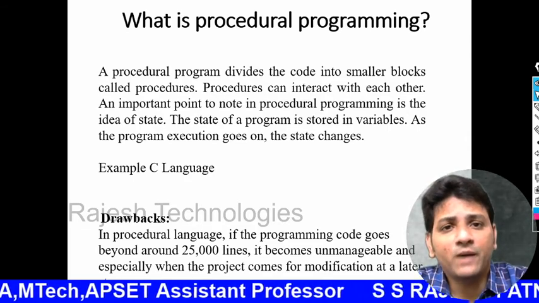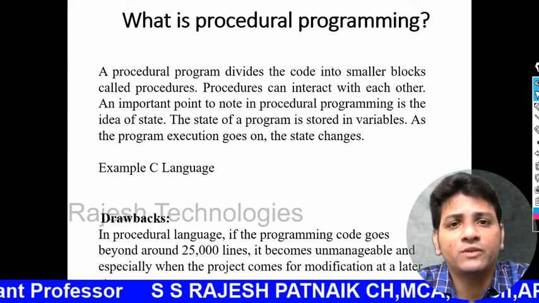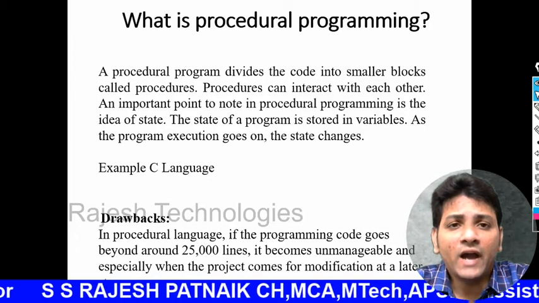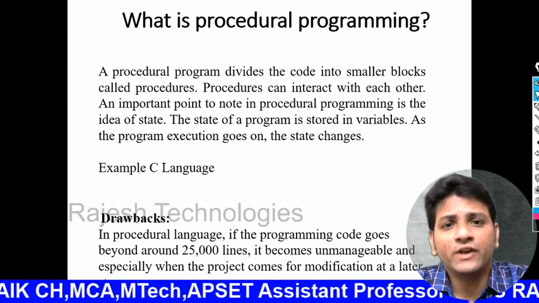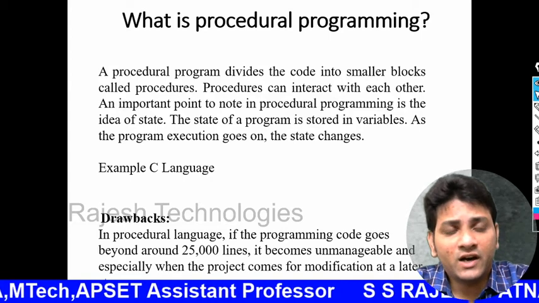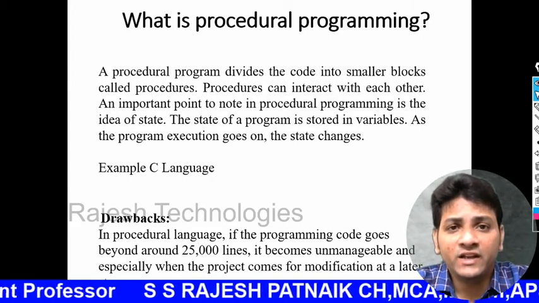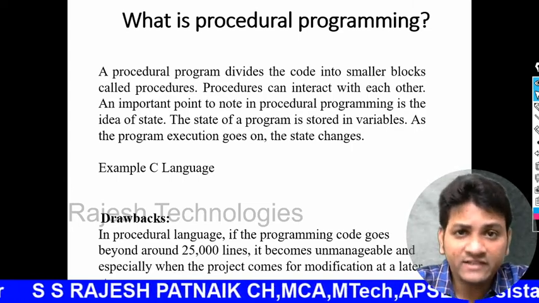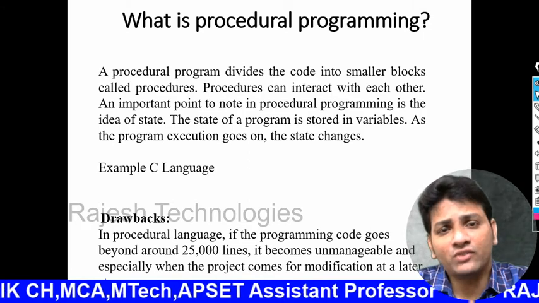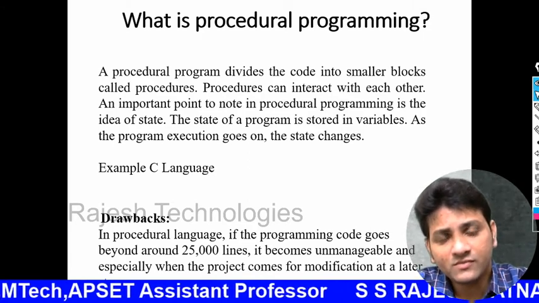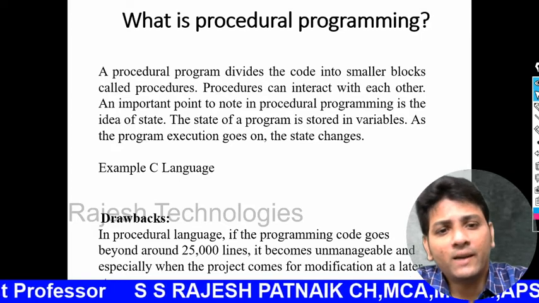For example, if I want to develop a college management system in C, I need to write lots of functions like accept student, display student, calculate results, accept faculty details, display faculty details, accept department details. Like this, I need to write lots and lots of functions under procedure oriented programming to build an application.